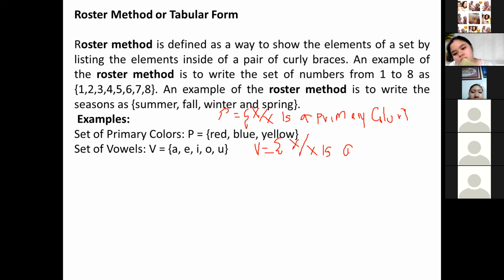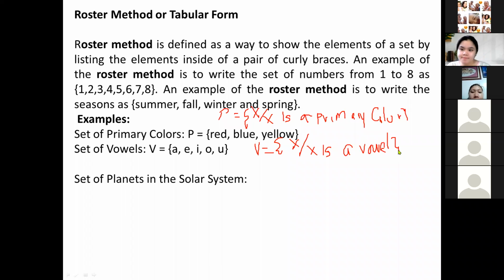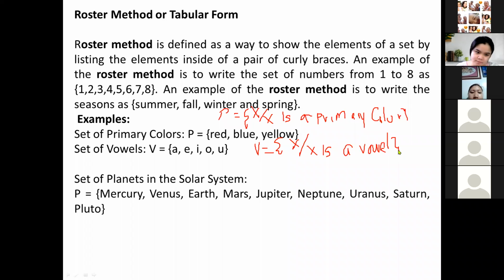Yan. So, minsan, sa exam ninyo, pwedeng ipa-convert ko yung given, and then, you have to convert it. Anyway, multiple choice naman ako magbigay ng exam. Set of planets in the solar system, and then, we will write all of them. Kanina, nung sinulat ko yan, X such that X is a planet in the solar system.